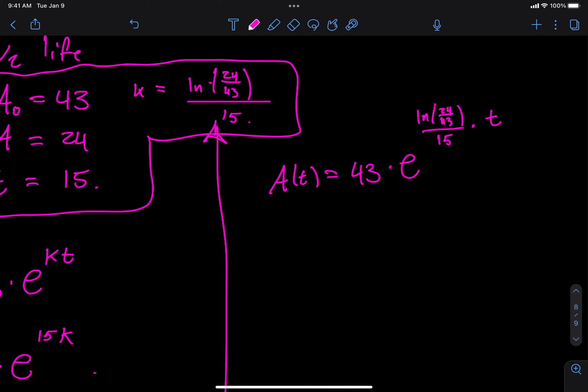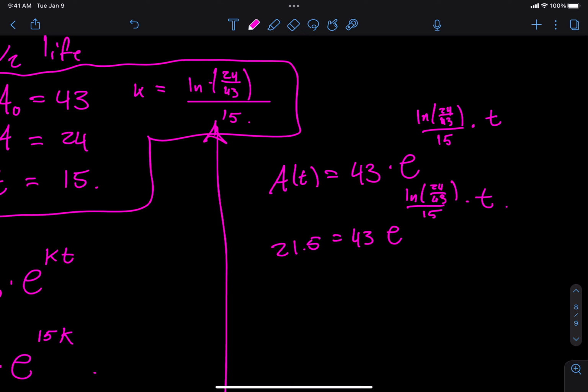I'm going to have 21.5. I want 21.5 to be the output of this function. And my goal is to find the input t, which makes that true. So this would be equal to 43 e to the ln of 24 over 43 over 15 times t.